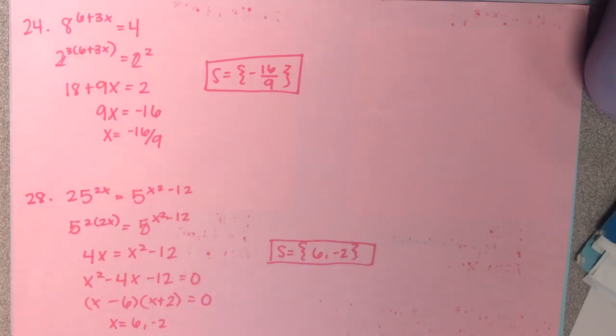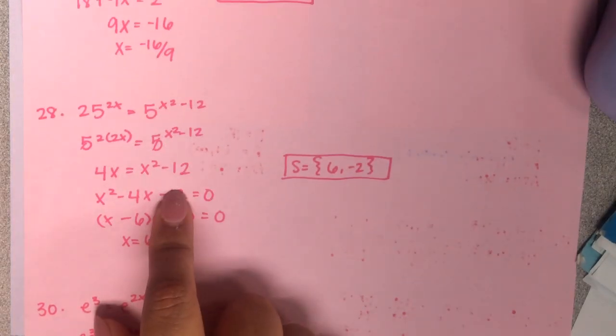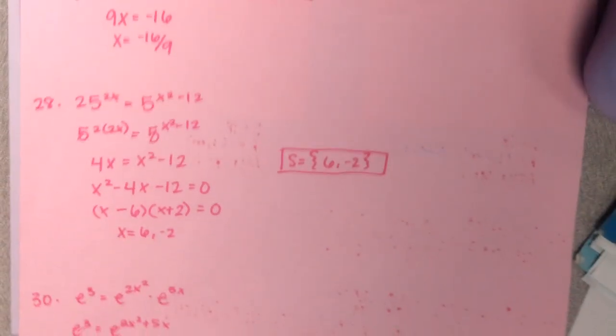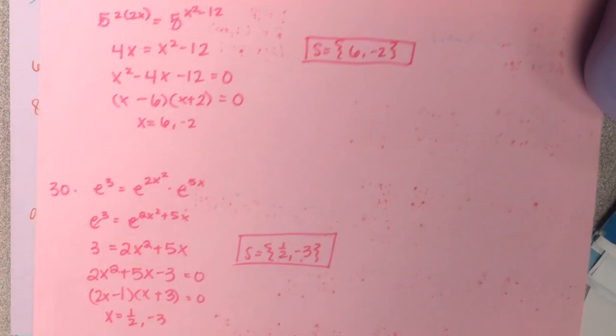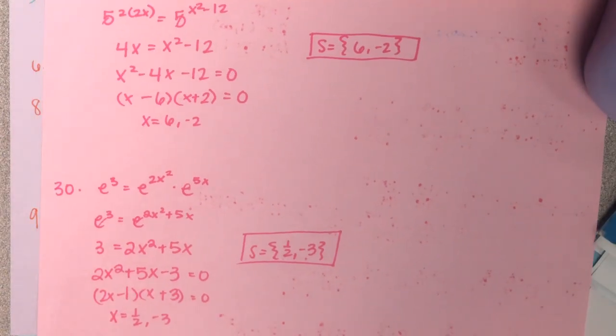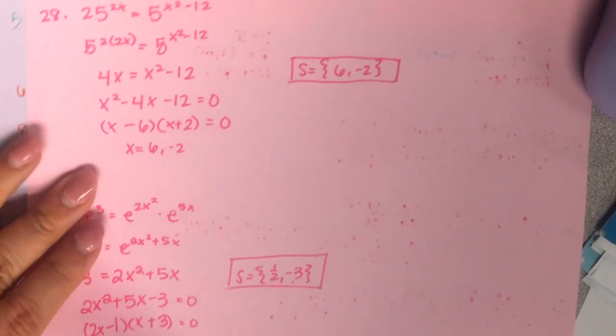Yeah? 28? Oh, they just use E, but it's the same thing. And 30. They're like the same questions from your quiz. They just have different bases, but it's the same questions. Which one? Number 9, yeah.